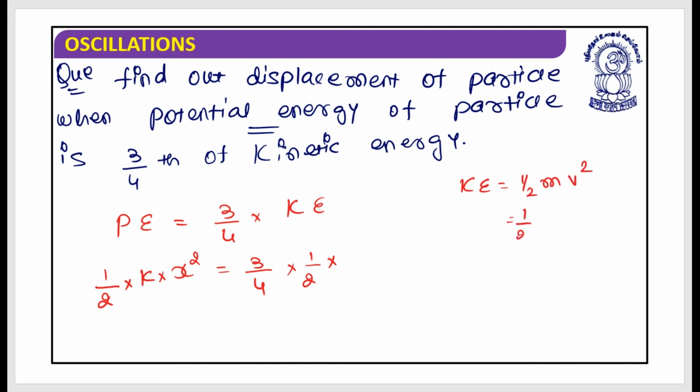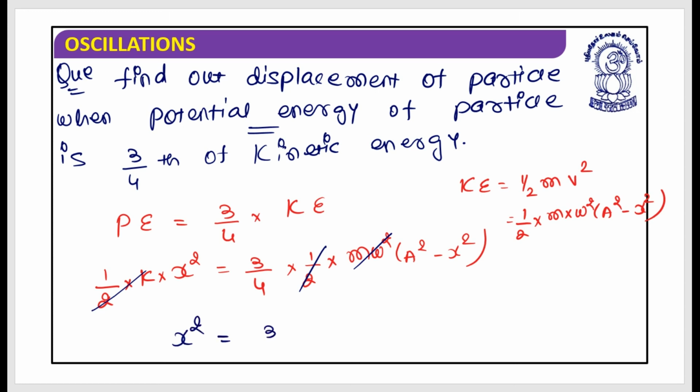This v square is replaced by omega square into bracket a square minus x square. So this is 3/4 into 1/2 m omega square into bracket a square minus x square. Here 1/2 k is m omega square, that we know. So x square is equal to 3/4 times a square minus x square.